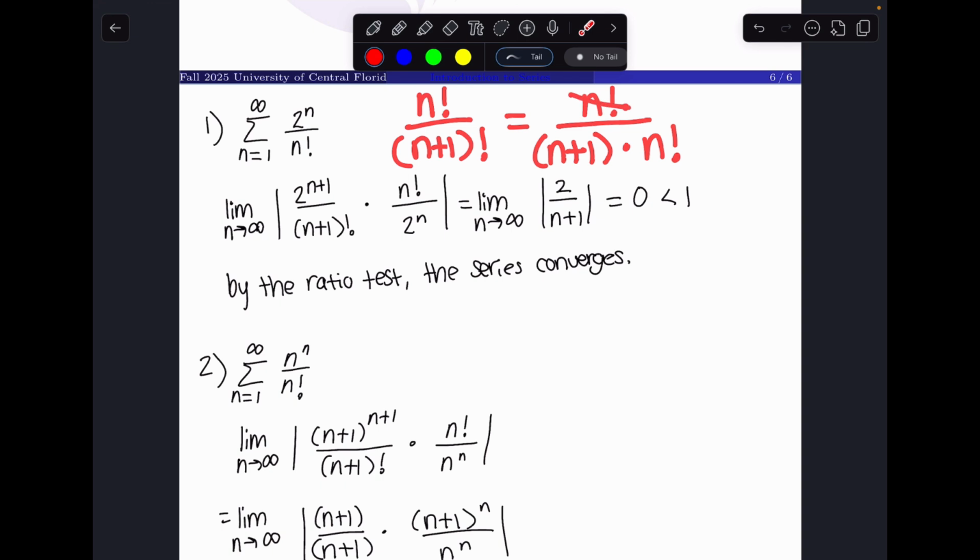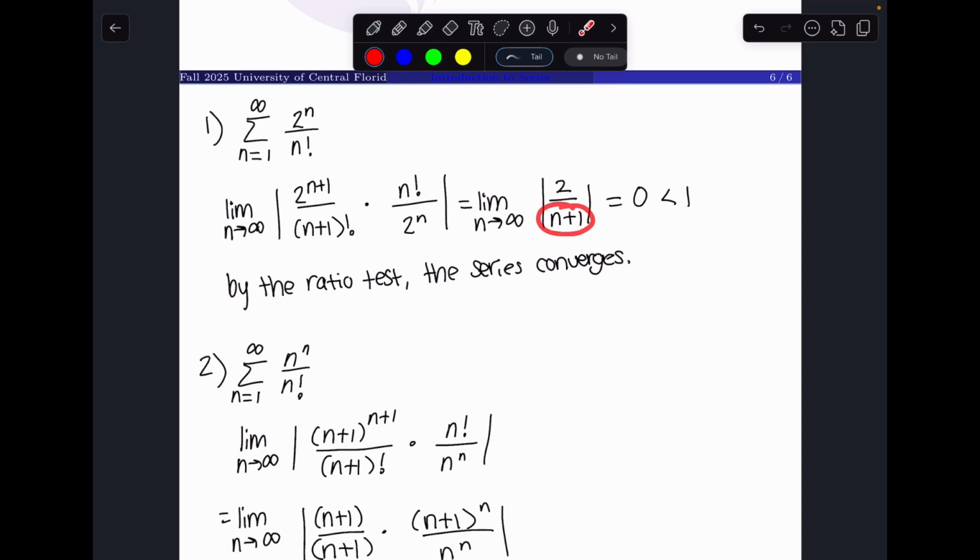The n factorials cancel, and we end up with just n plus 1 in the denominator. If we look at 2 to the n plus 1 over 2 to the n, those also simplify and give us just a 2. And so we're evaluating this limit, which is very clearly 0, which is less than 1. By the ratio test, the series converges, and more specifically, it absolutely converges.